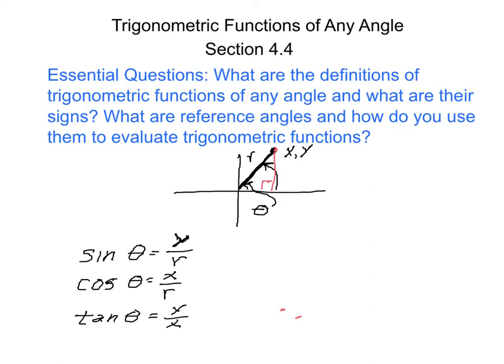Now, once you have these three basic trig functions, you can get the other three because they're reciprocals. So the cosecant of angle theta will simply equal r over y. The secant of angle theta will equal r over x.